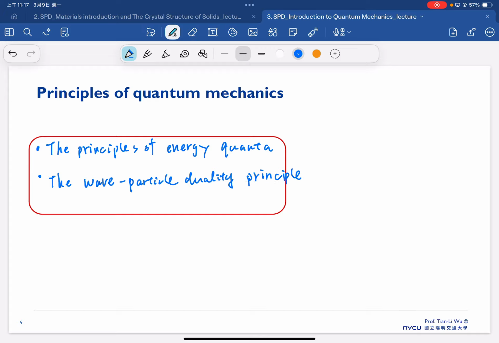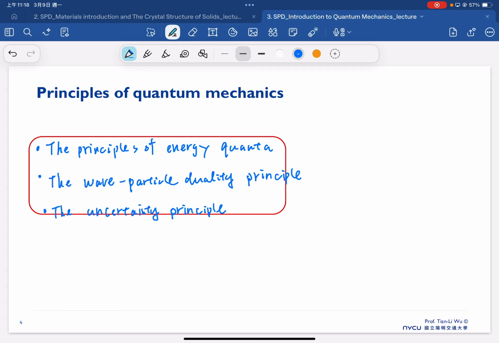And the last one is the uncertainty principle. These are the three fundamental principles that we need to further understand and develop quantum mechanics.